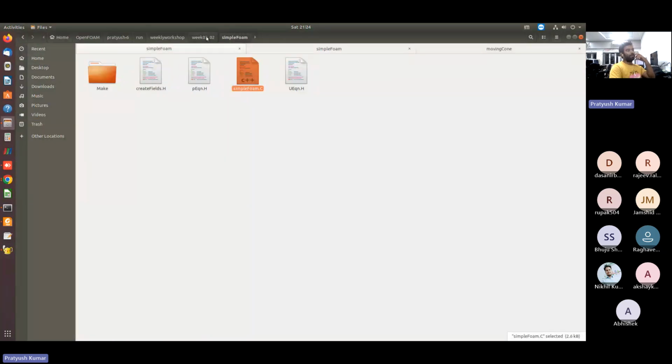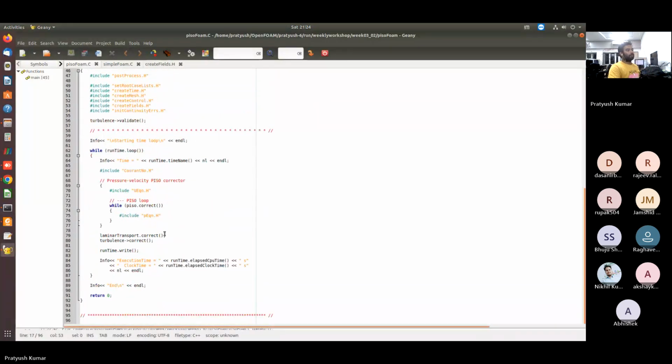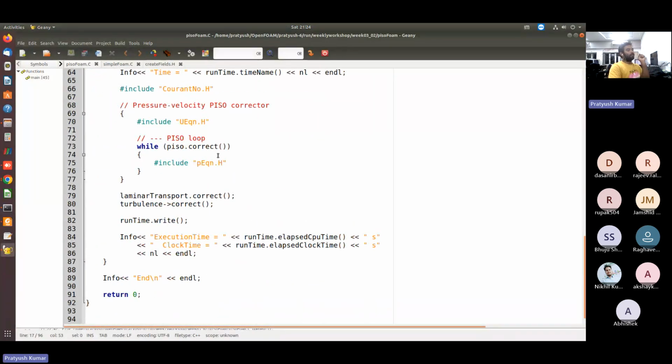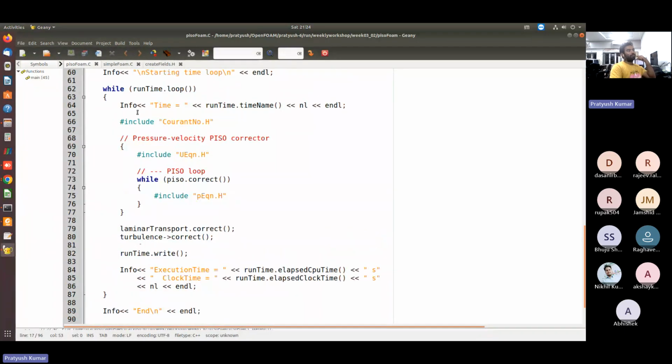Okay, but when you open the PISO form, you can see here that there is one PISO corrector loop that is going to be solved for the pressure corrector. So before going to the first outer corrector, it is going to have one inner corrector that is known as the pressure velocity PISO corrector.